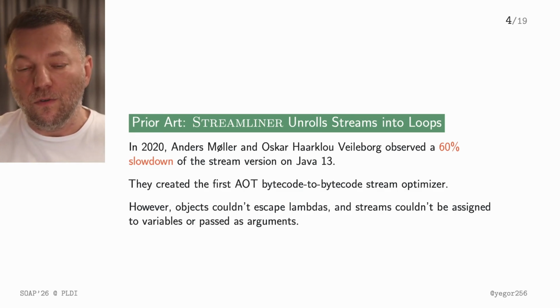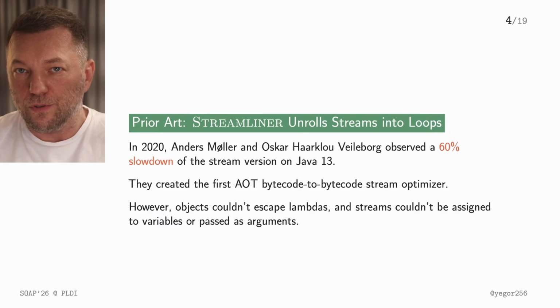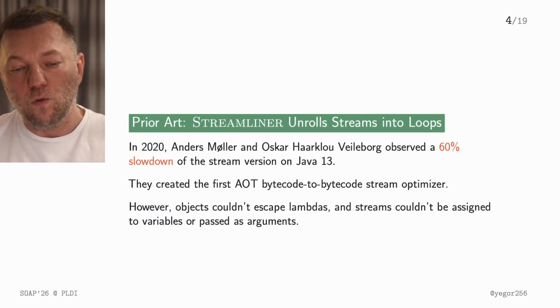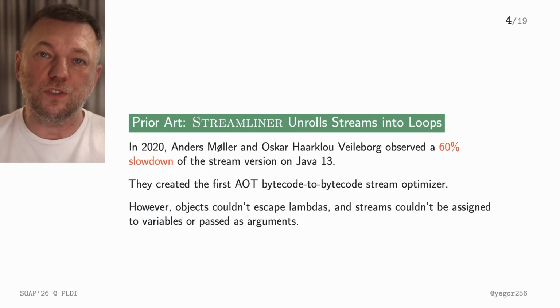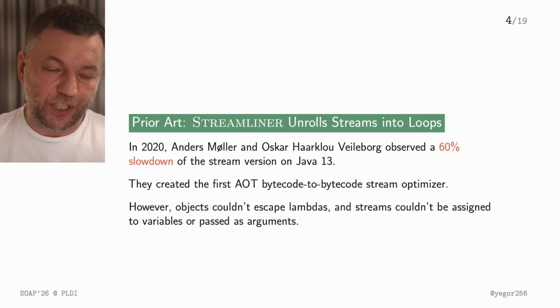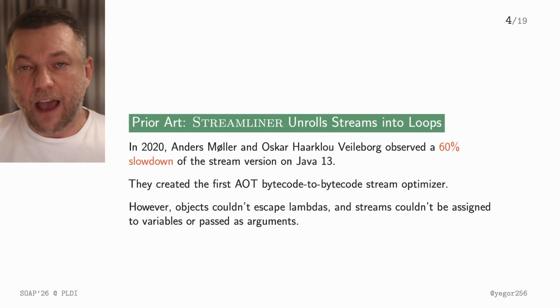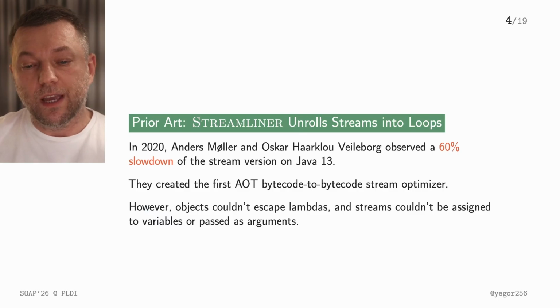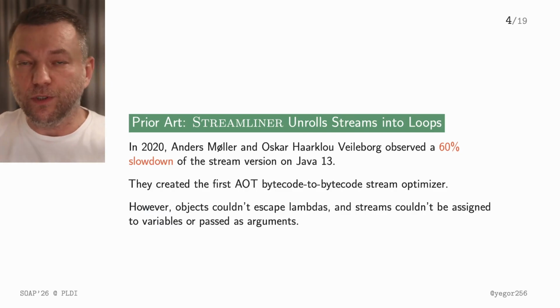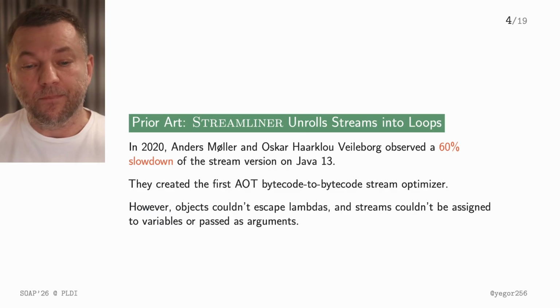6 years ago, a solution was introduced by a group of researchers who suggested creating a bytecode-to-bytecode stream unroller. The principle was simple. Just take the Stream API and after it's compiled to bytecode, convert it to a loop, convert it to an imperative alternative, which we saw on the previous slide.